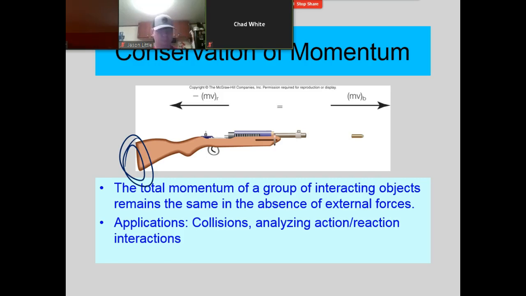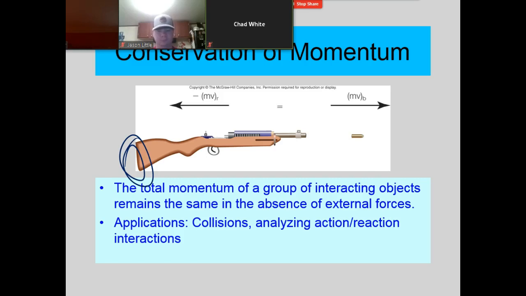When you hit that cue ball into that group of 15 balls stacked in the rack, and if they're really put together well, all of them touching each other, and you give that cue ball a certain momentum, it looks like the balls are flying everywhere, and it looks like things have increased. No, the total momentum of those balls after the collision is exactly equal to the momentum of the cue ball hitting it.